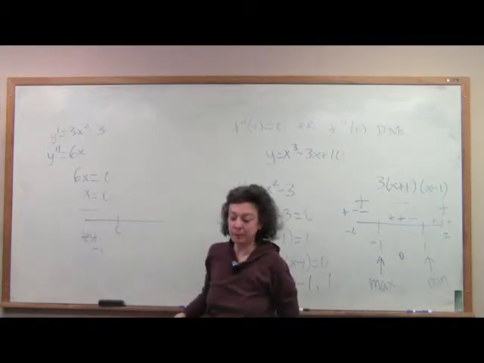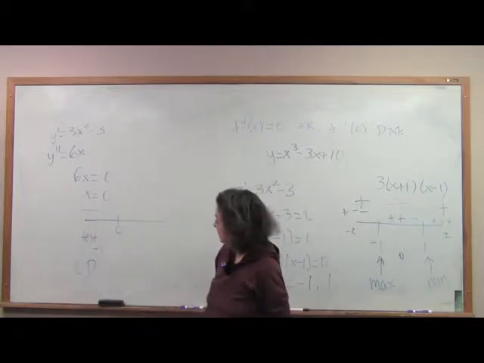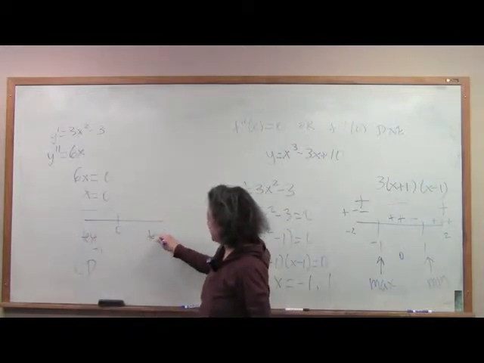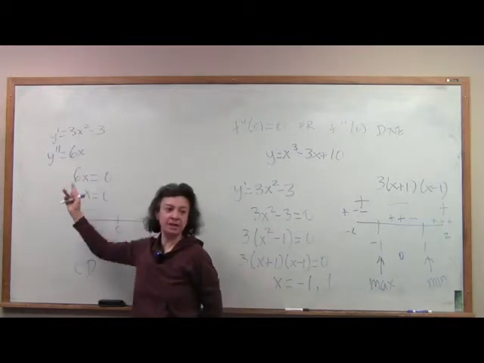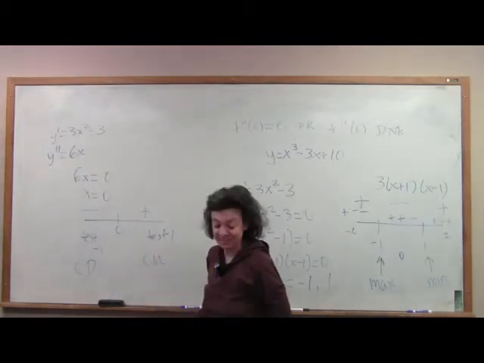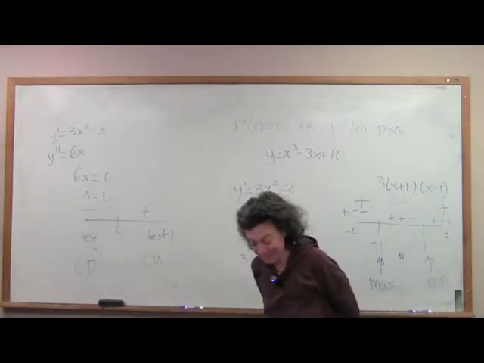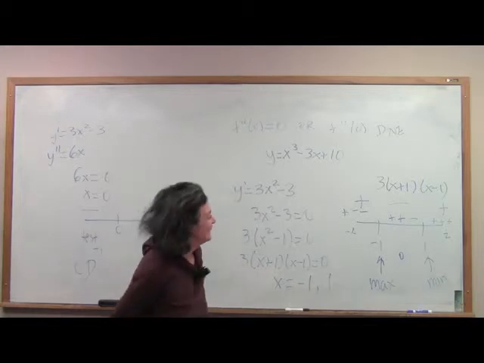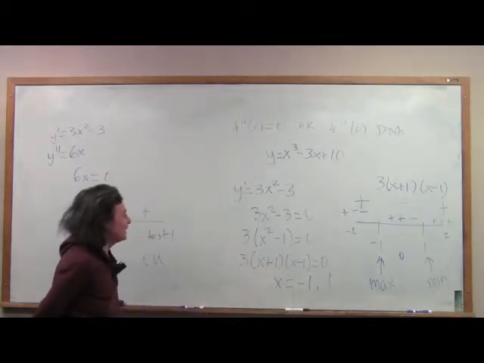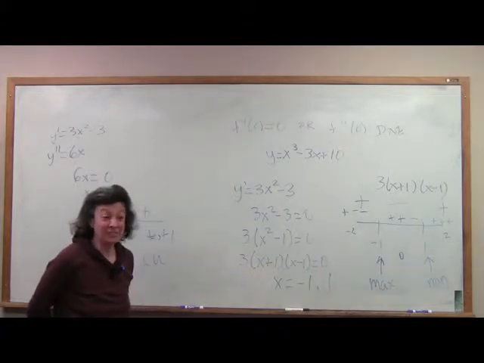What does that tell me about my graph? It tells me it's concave down. And over here, if I test a +1 and I plug it into my second derivative, I think you'll grant me it's positive, and so my graph is concave up. Isn't that so cool?